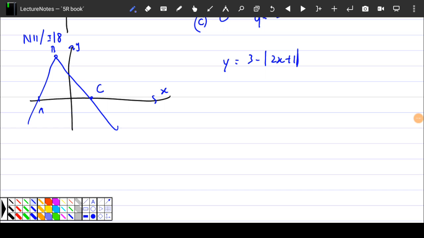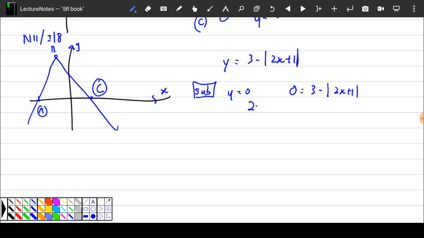we are looking at solving A, B, and C. Now there are a lot of ways to do it. Plenty. But one of the easier ways is by substituting. Why do I say that? Because A and C are actually x-intercepts. So y equals to 0. So you put y equals to 0 inside, then you will have 0 equals to 3 minus the modulus of 2x plus 1.